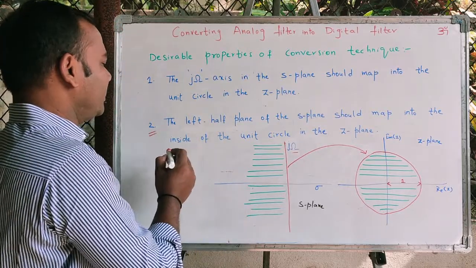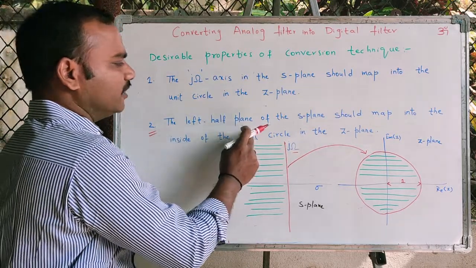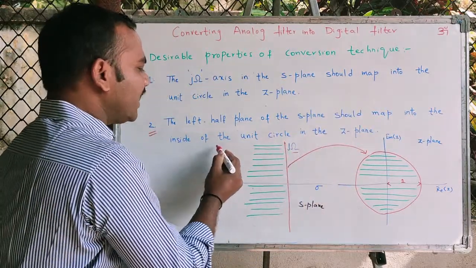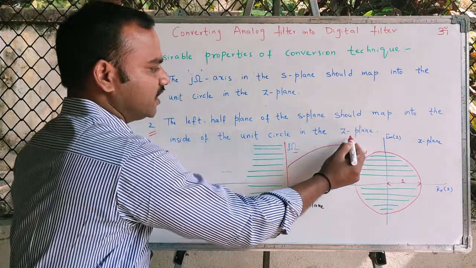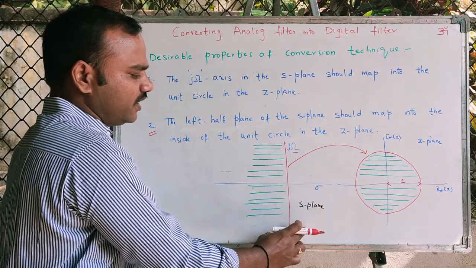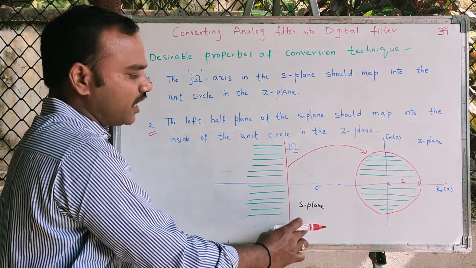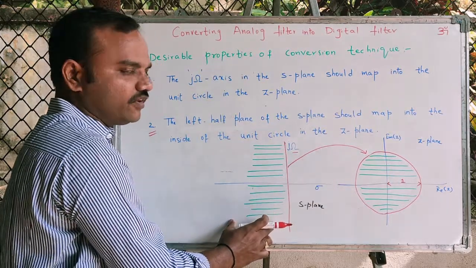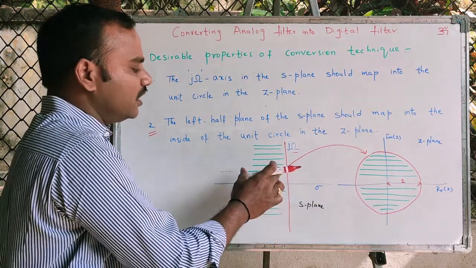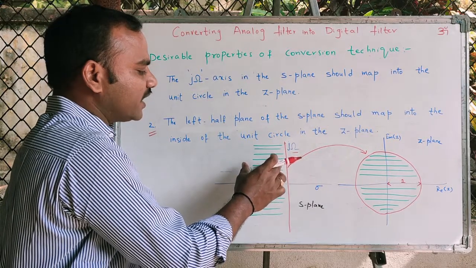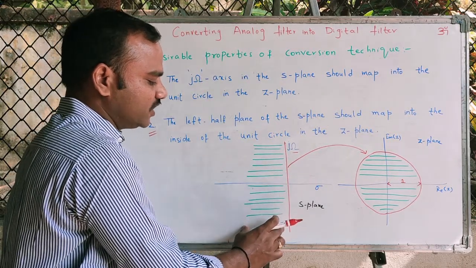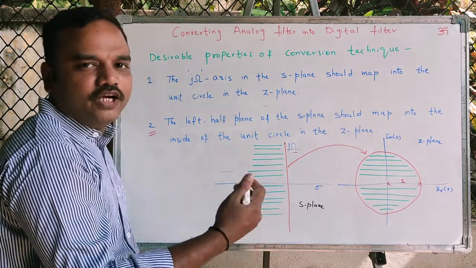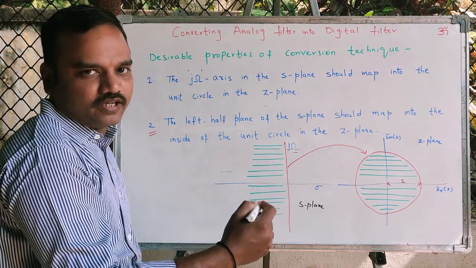The second property is that the left half plane of the S-plane should map into the inside of the unit circle in the Z-plane. In the S-plane, there are two halves: the right half and the left half. If the poles are considered in the left half of the S-plane and we design a filter, then it will yield a stable analog filter.